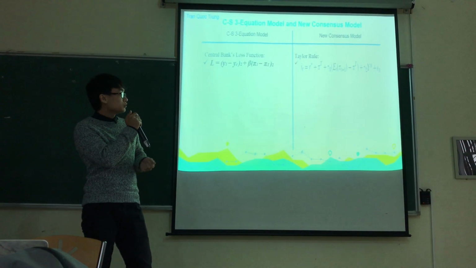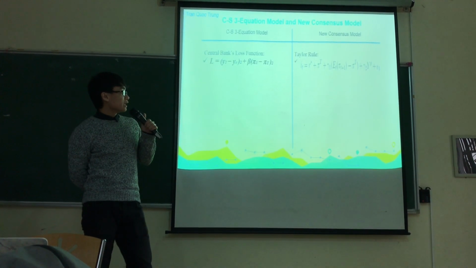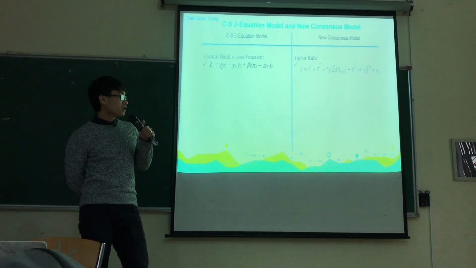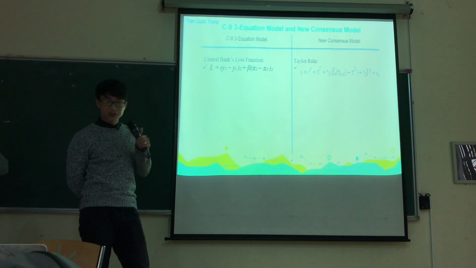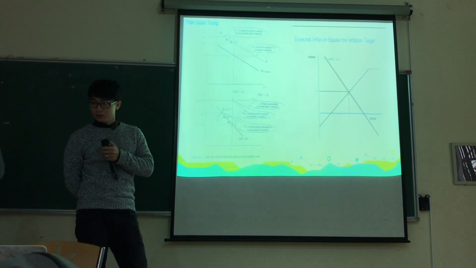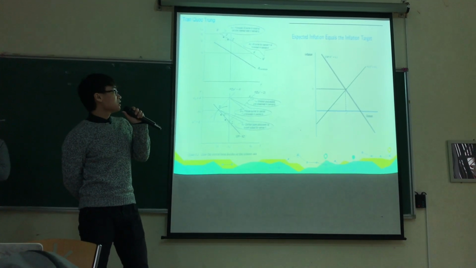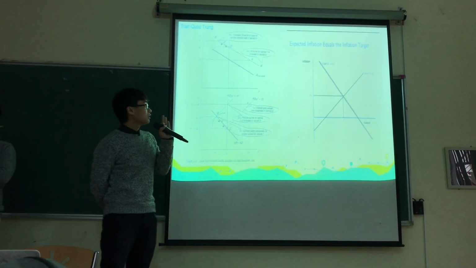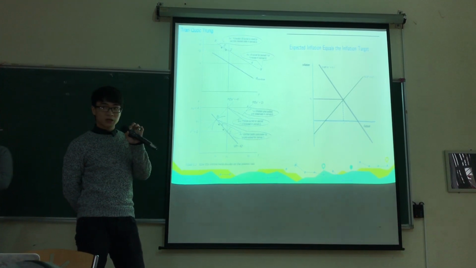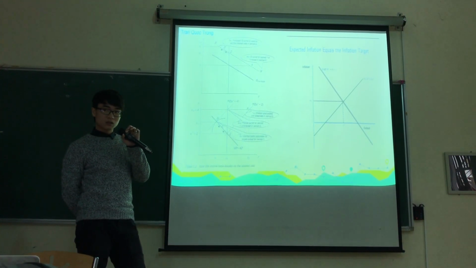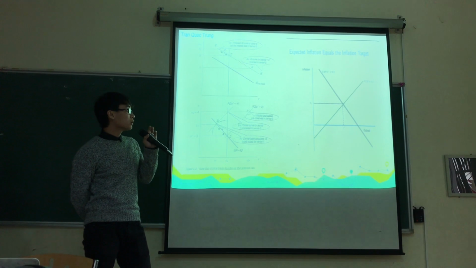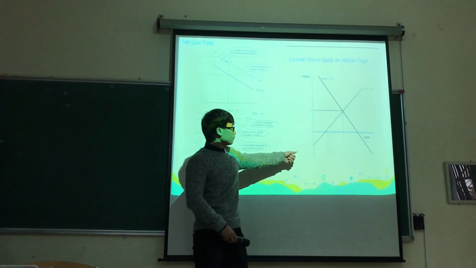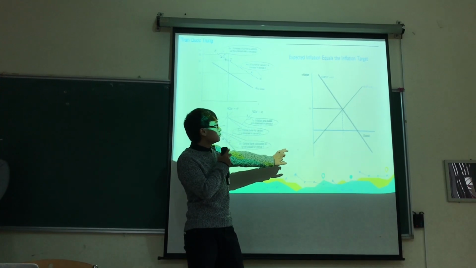And in the new consensus, we have the Taylor rule, which is determined by the natural interest rate and the expected inflation. So this is how the new consensus and the three-equation models work in theory.